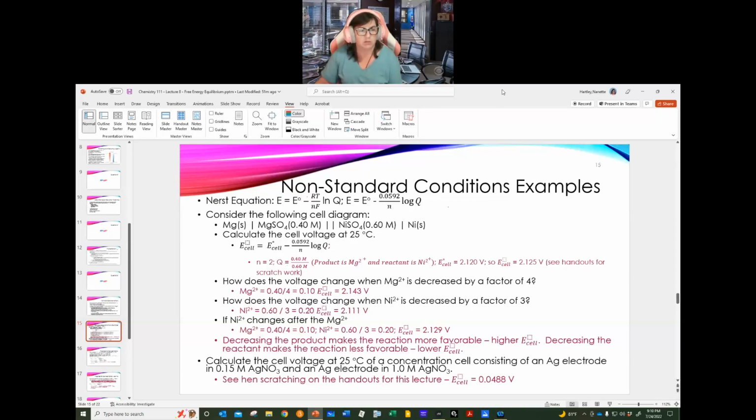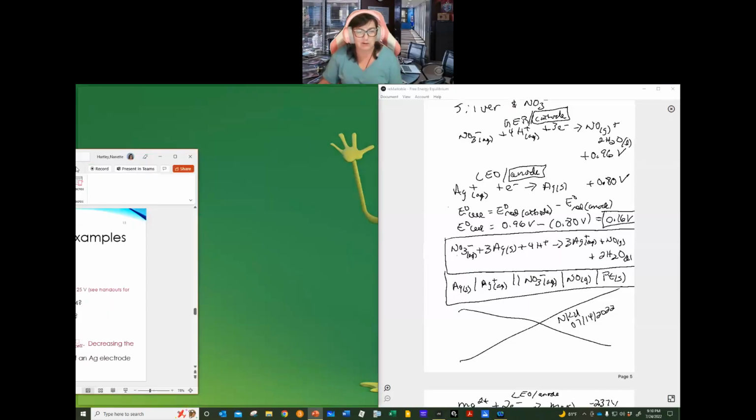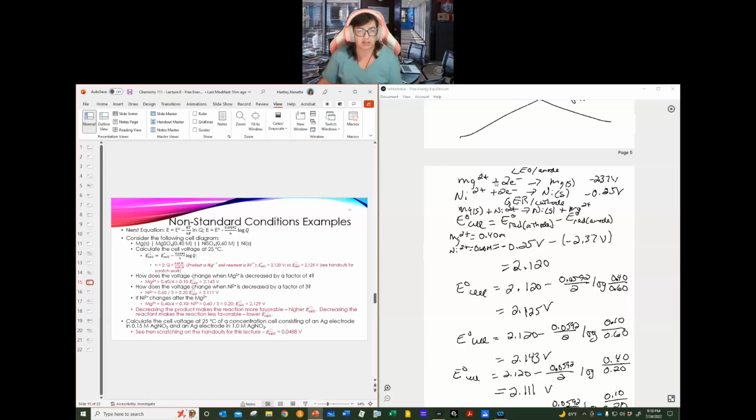Well, all right, what handouts am I talking about? I'm talking about these guys. Let me make that actually show up. Okay. So Mg2+ plus 2 electrons goes to Mg solid. That's negative 2.37 volts. Ni2+ plus 2 electrons goes to Ni solid is negative 0.25 volts. Now, as this is written, we know that it's not going from Mg2+ to Mg.